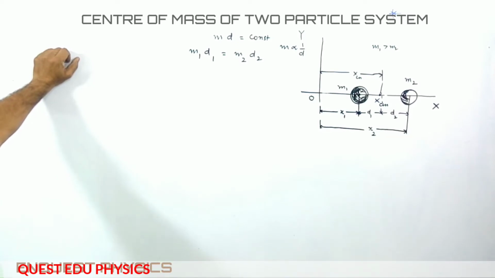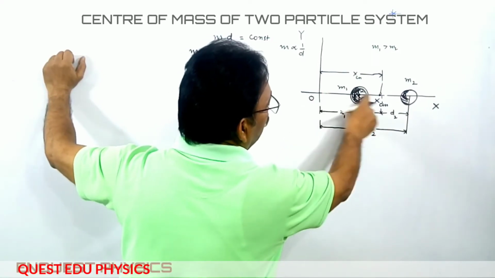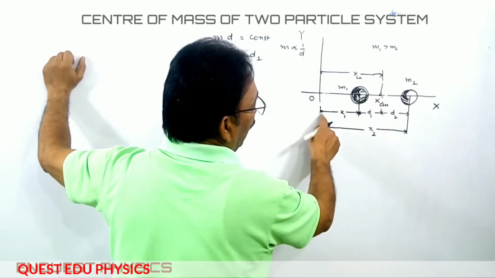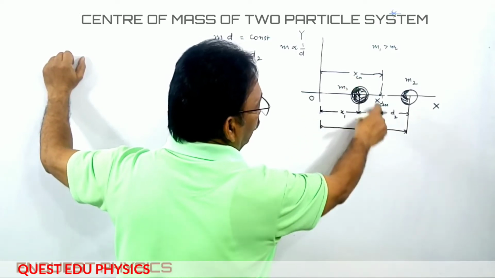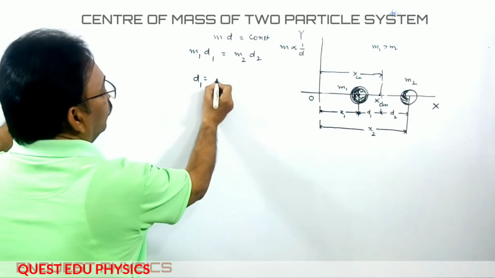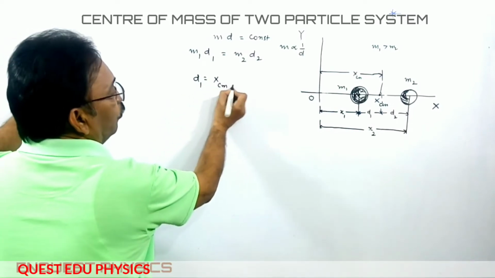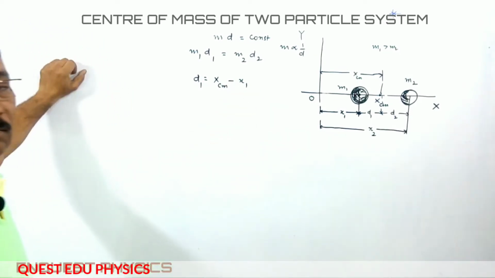We need to find d1, students. If you watch this diagram carefully, from here to here it is xcm, and it is x1. If you subtract this x1 from xcm, you will get d1. That is d1 is equal to xcm minus x1. Okay, students.